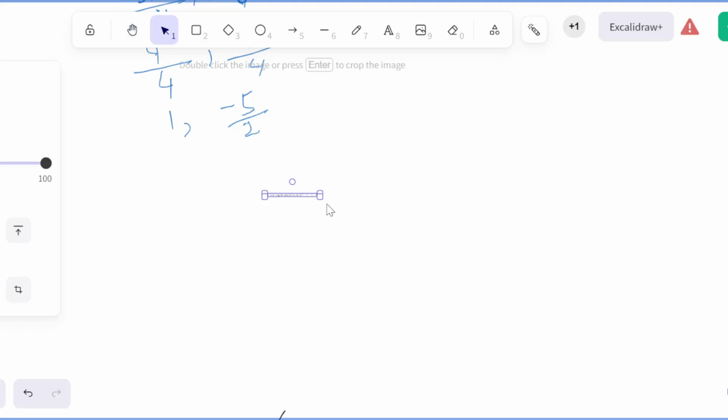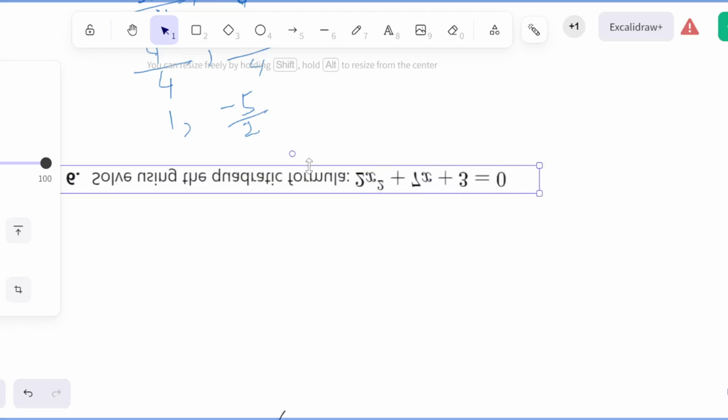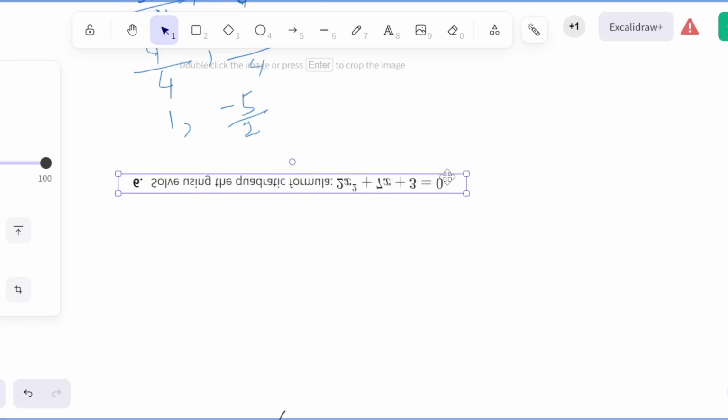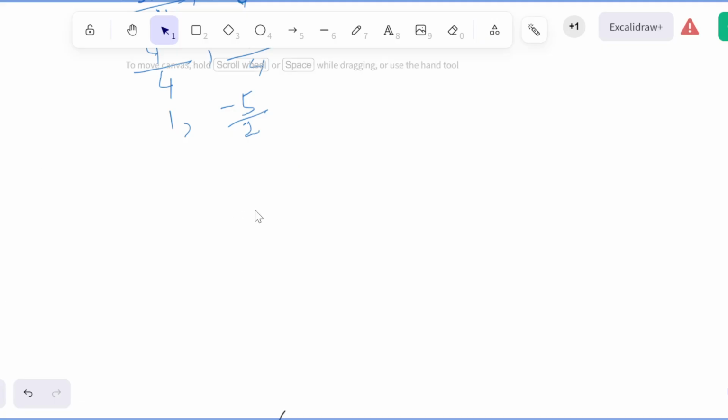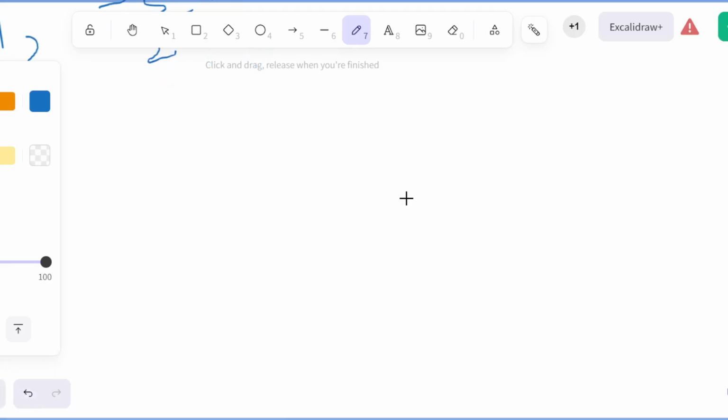Let's do this one. So what's the question? 2x² + 7x + 3 = 0. Try doing this.